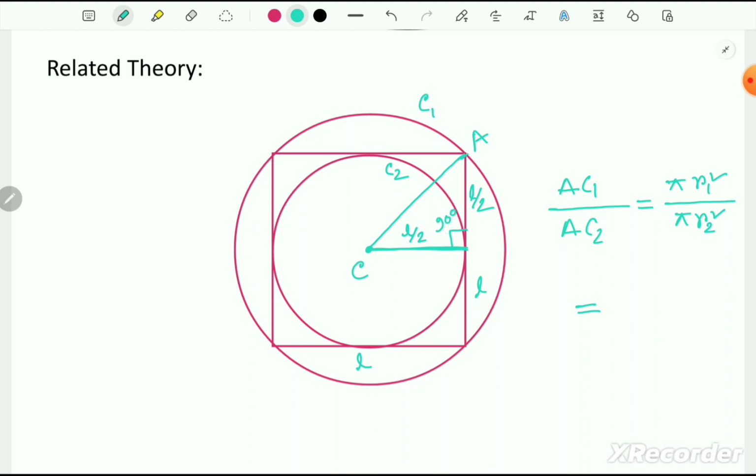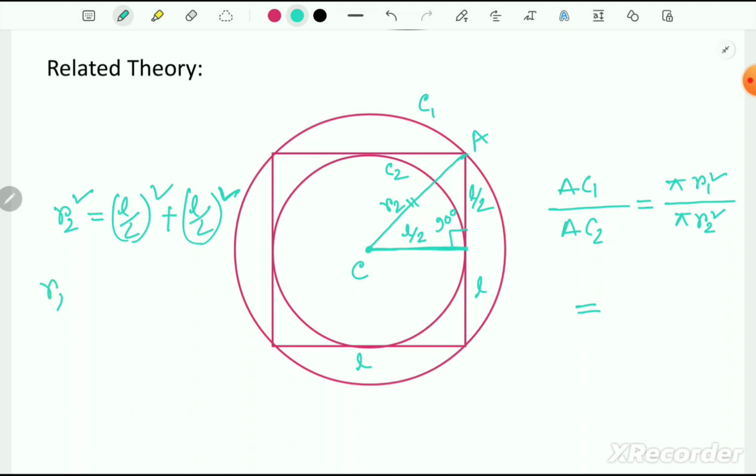So if it is 90 degree, we can apply Pythagoras theorem. R1 square equal to L by 2 whole square plus L by 2 whole square, because both the radius and the half side is L by 2.